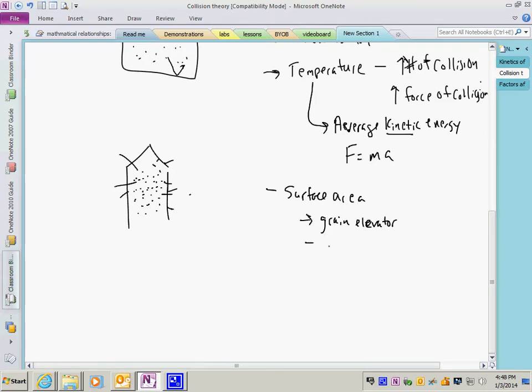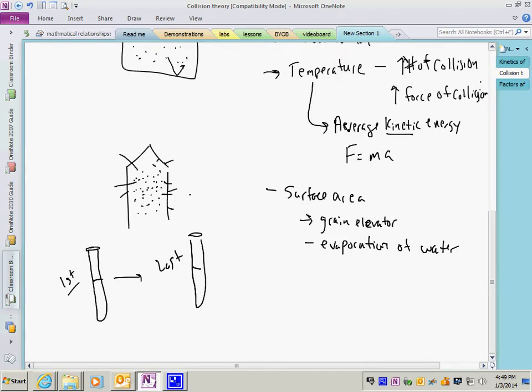Another example might simply be the evaporation of water. I can literally take a test tube of water and leave it there the very first day of class, and go all the way to the last day of class, and that test tube of water will be pretty much exactly the same.